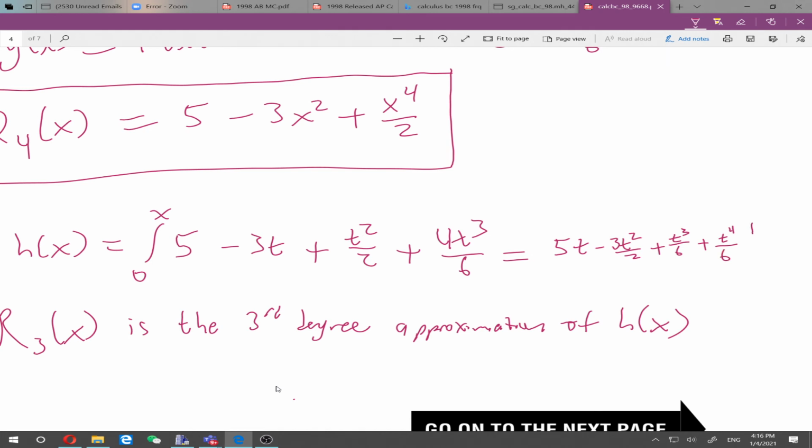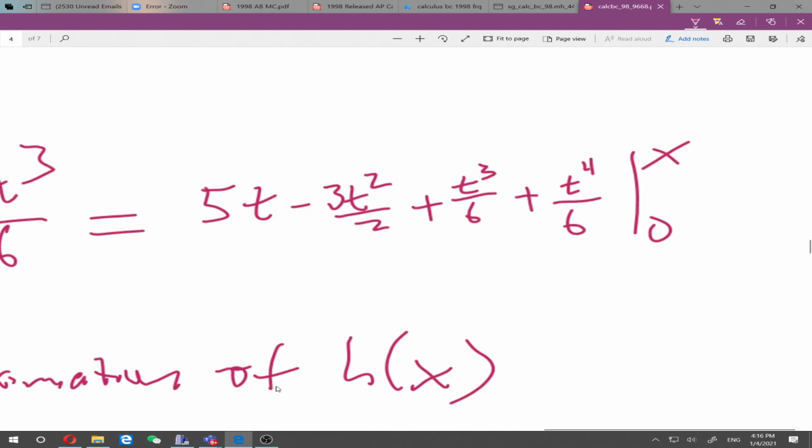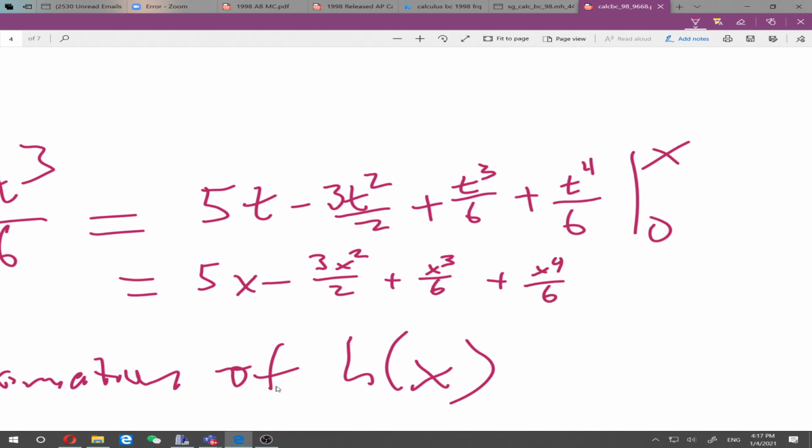Oh. Okay, and I've got lower bound and upper bound that I need to plug in. So right now if I plug in 0, all of the lower bounds are going to cancel. So this is the same thing as 5x minus 3x squared over 2 plus x cubed over 6 plus x to the fourth over 6.